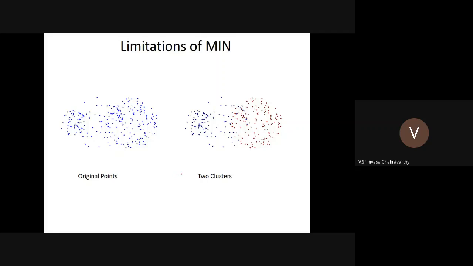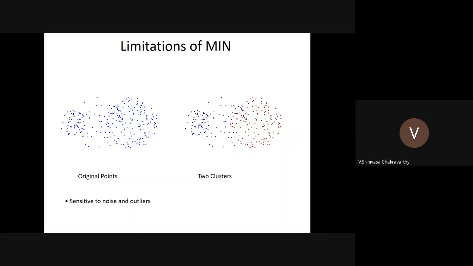So it can be sensitive to noise, because a noise point can make two clusters look closer than they actually are, right? So when you have two clusters like this, instead of picking this as one cluster and this as another cluster, it can get messed up.